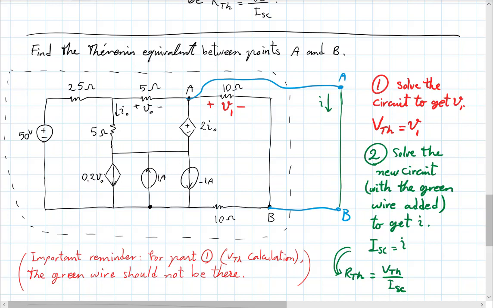So if I brought out 2 wires from points A and B, imagine, again, forget about the green wire that I added later, but consider the 2 blue wires that I connected to points A and B. The entire circuit is in a box. There's no other connection to the outside world.